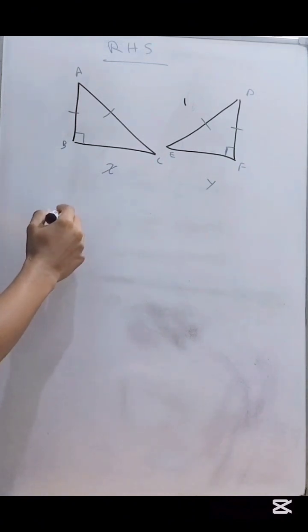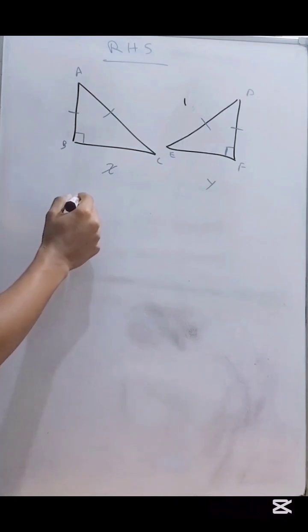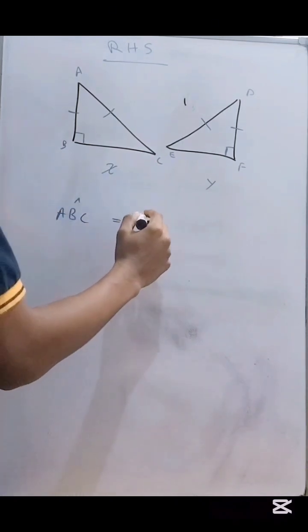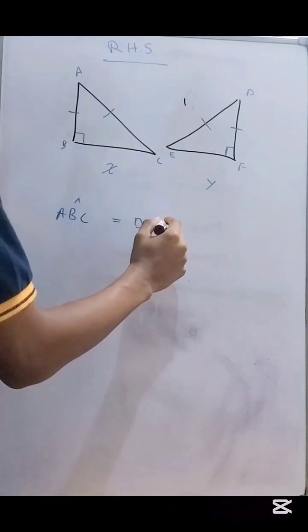The angle ABC is equal to the angle DFE.